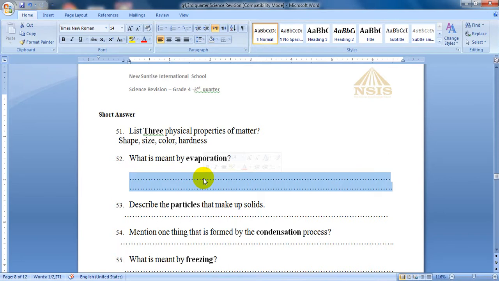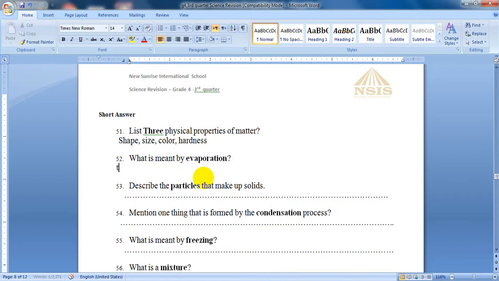So let's write the definition of evaporation. Evaporation means the process by which a liquid changes into a gas.